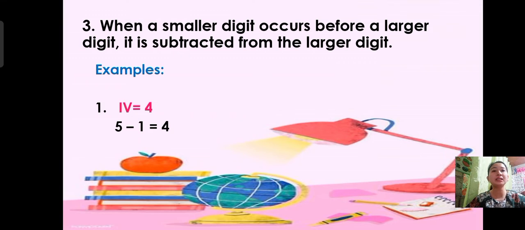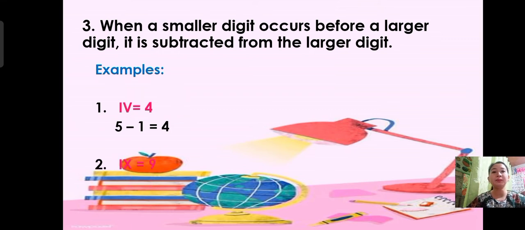As you notice, the smaller digit occurs before the larger digit, so we subtract the value of I, 1, from the value of V, which is 5. So 5 subtracted by 1, we get 4.